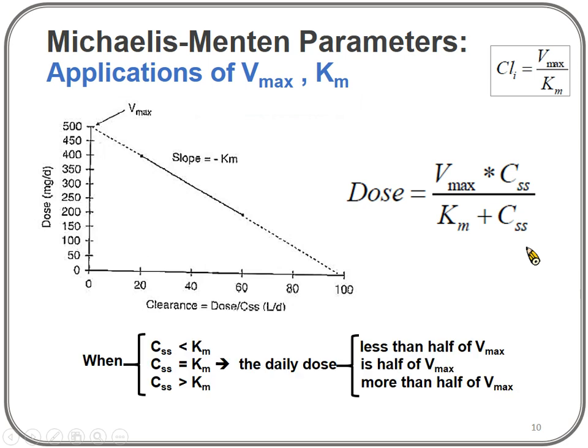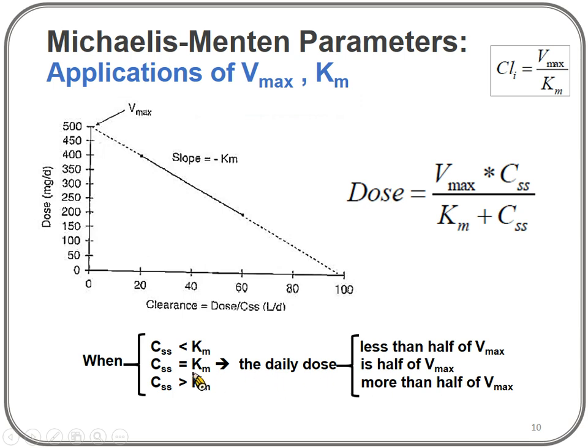So what can we further infer from this is when you observe the steady state concentration at a certain point, first when it equals Km itself, then that means the daily dose we are giving the patient now is half of the max capacity that the patient's liver can remove the medication.